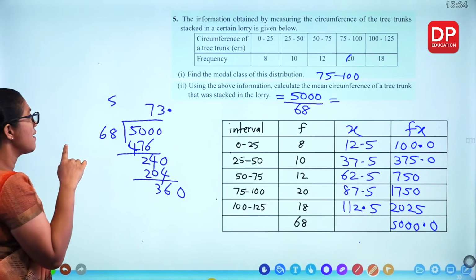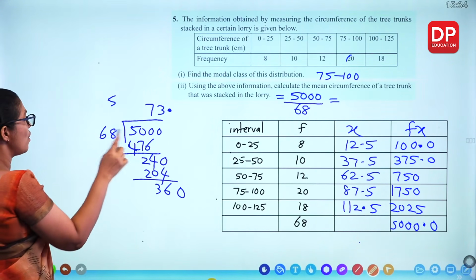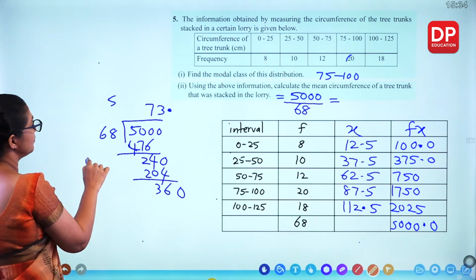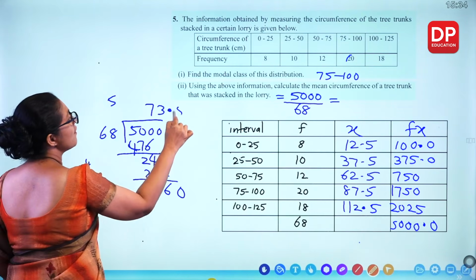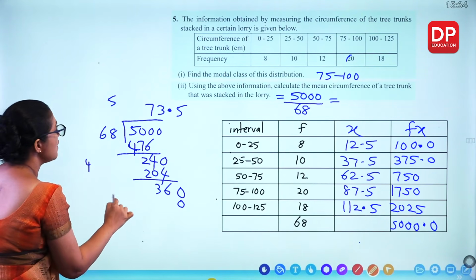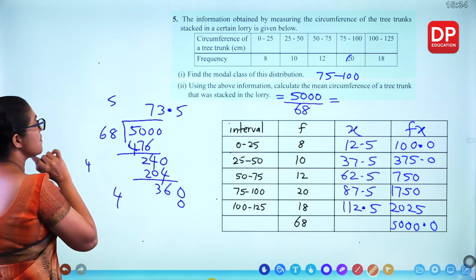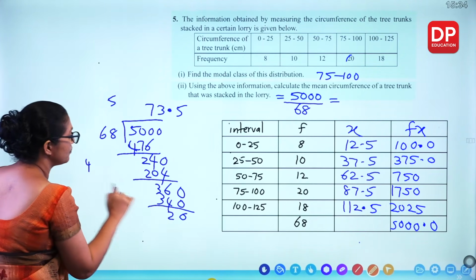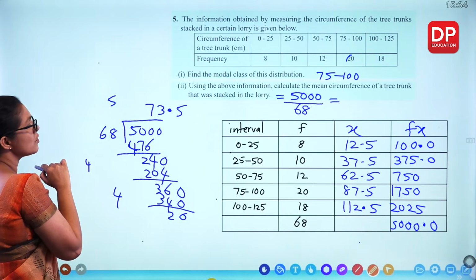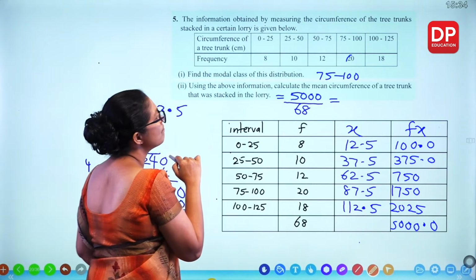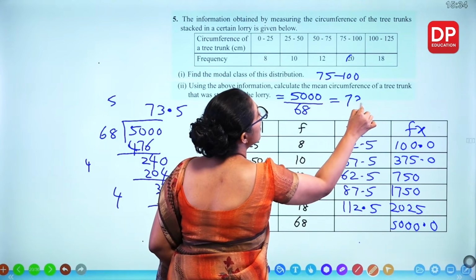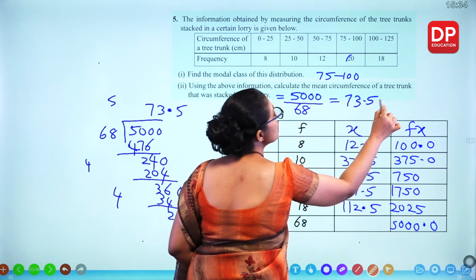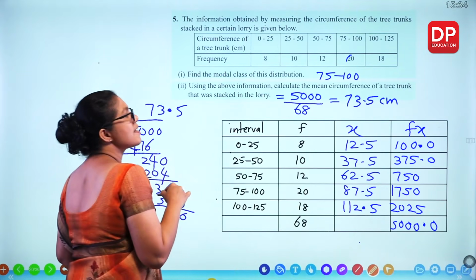This should be 4. 5. 5 times 8, 40. 4 remaining. 5 times 6, 30, 34. So 73.5. So what's the circumference in centimeters? So you can write this is centimeters.